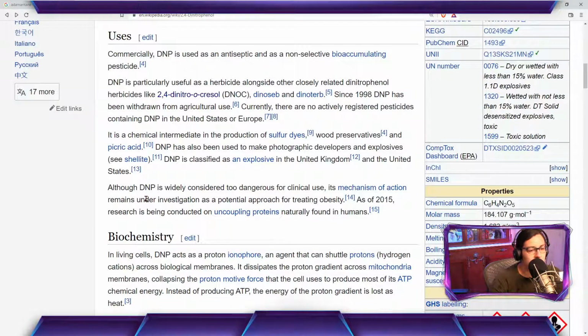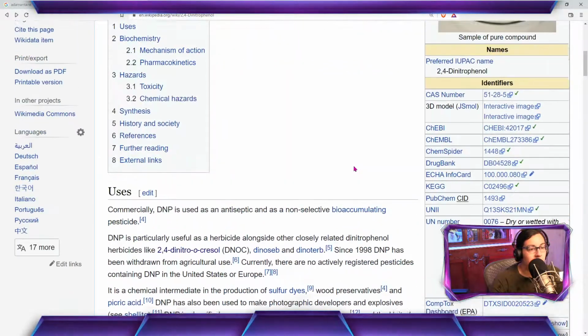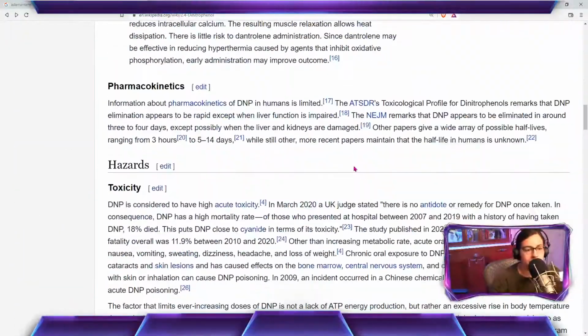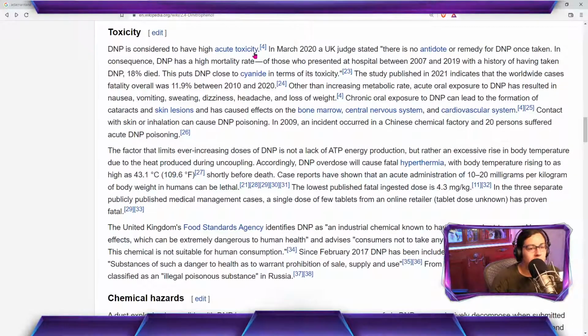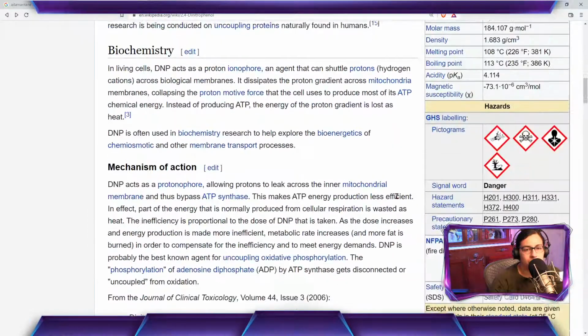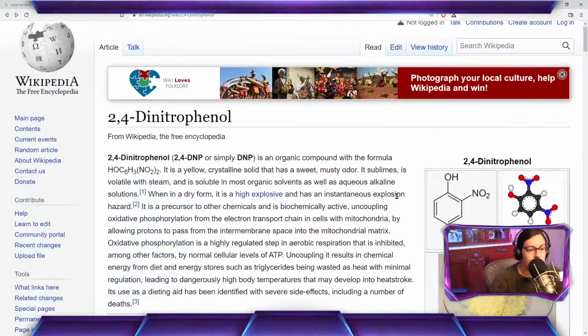That seems interesting, but they mentioned that it's too dangerous. It's kind of funny. But yeah, so these are toxic. Wow, this is actually fairly toxic. So don't eat your phenols. That's my safety tip.